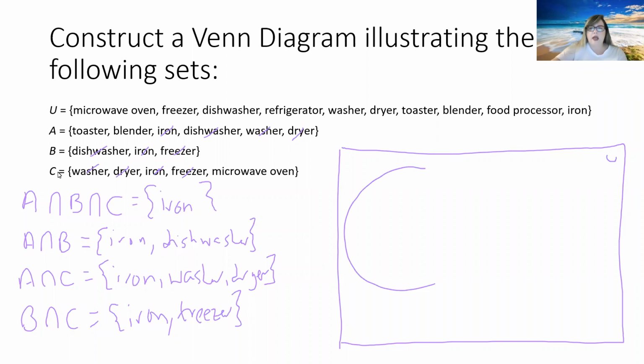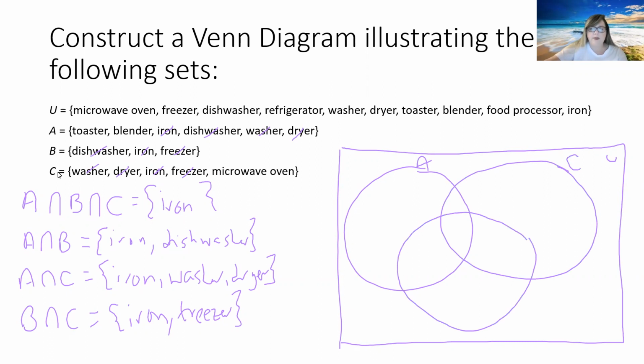So I'm going to draw A here, and I'm going to overlap with C here, and then we want a big overlap with B. Notice I don't need much of B on the outside because there's nothing outside of A and C inside B. Now let's do the first one. In all three is the iron.